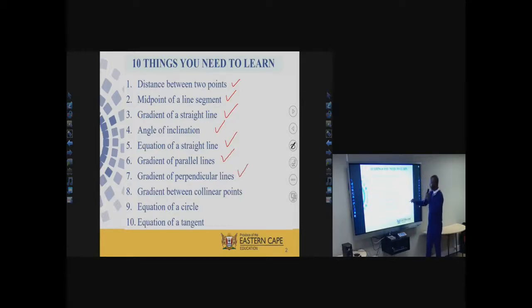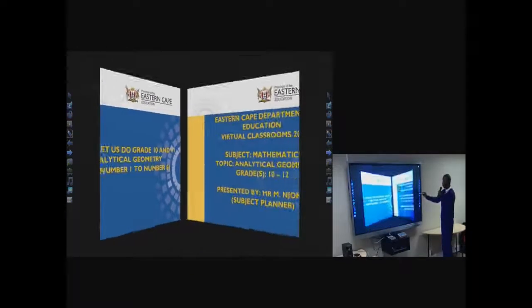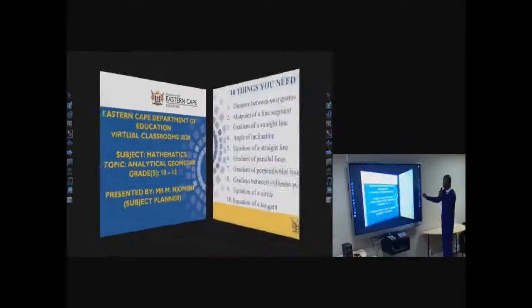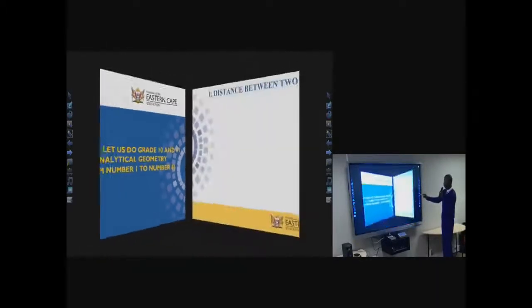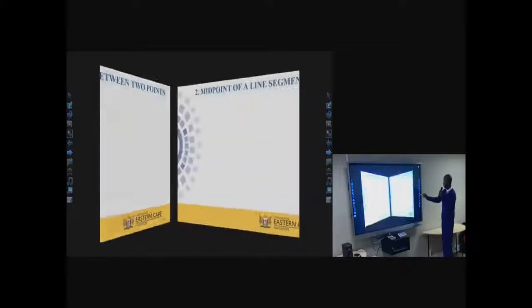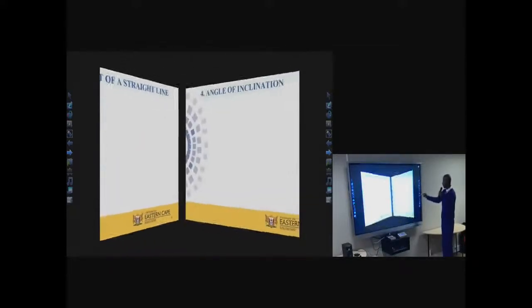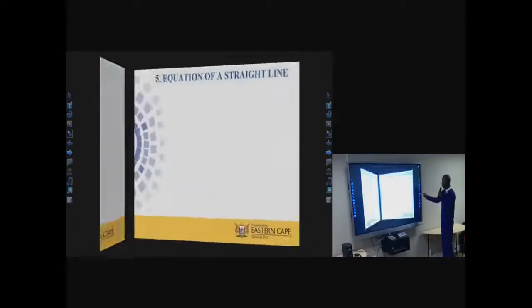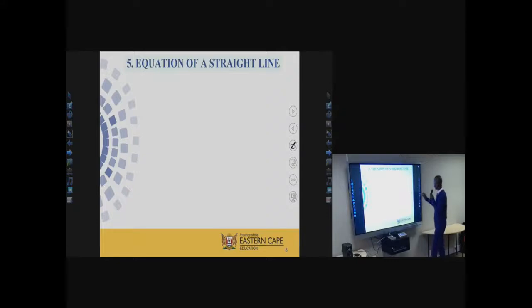And when lines are perpendicular, when you multiply the gradients, you get a -1, and the gradients of collinear points. Let me just summarize now. The most important thing, Mfundi, is to understand those 8 things that I talked about, plus, obviously, the properties that we just looked at.